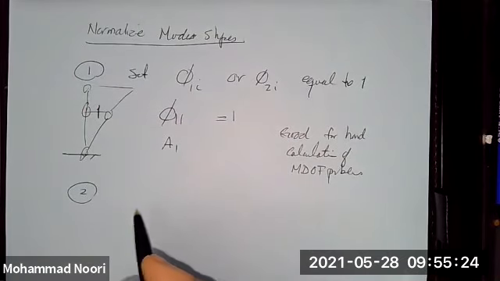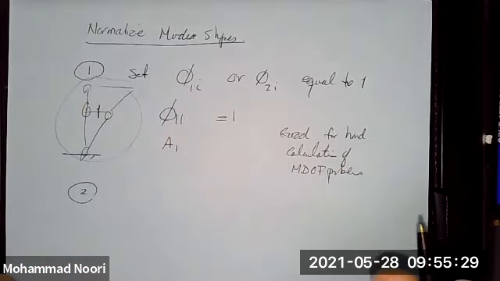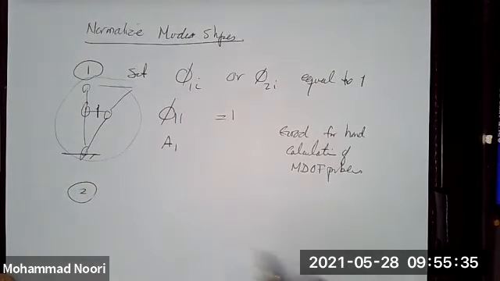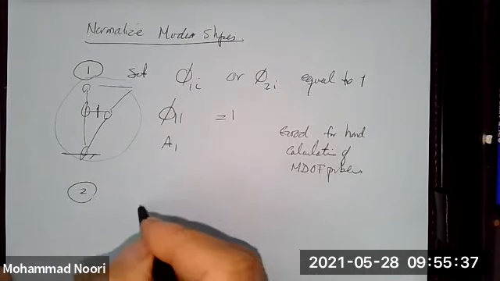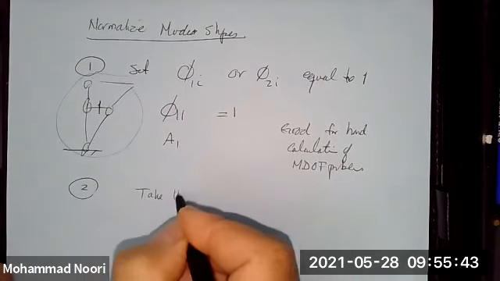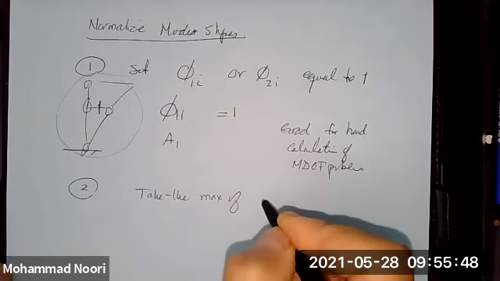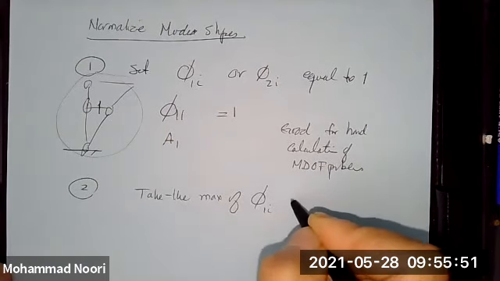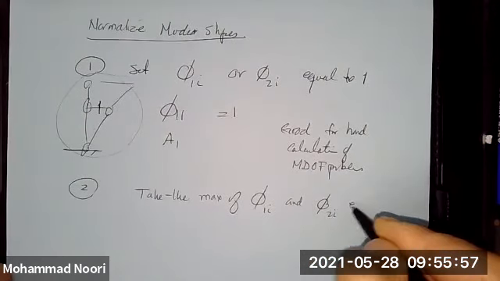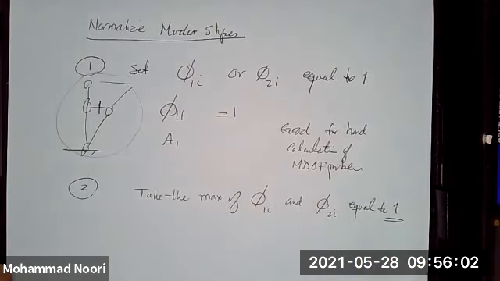There's another way to draw these mode shapes. Given that mode shapes are invariant with respect to a constant, okay? Sometimes what we do, we take the maximum of either phi 1i and phi 2i equal to 1, okay?